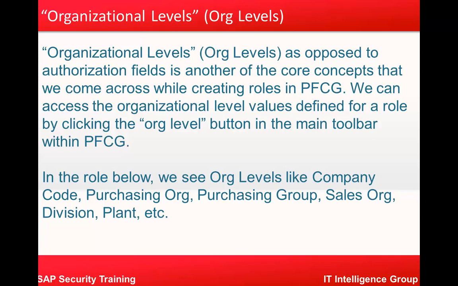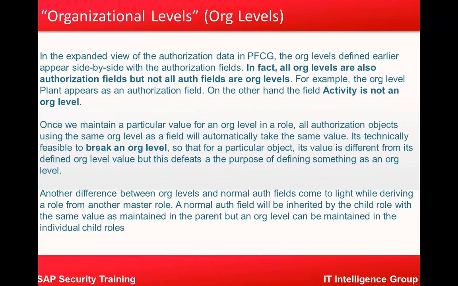Here we saw that we can control based on company code, purchasing organization, purchasing group, sales group, division, plant, etc. So that is the organizational level security. We just saw that we can control based on the authorization field.